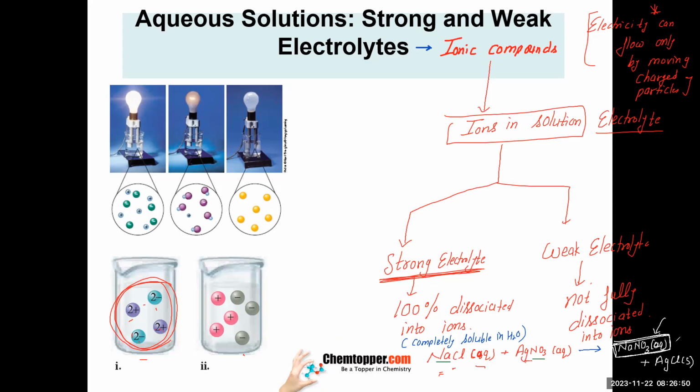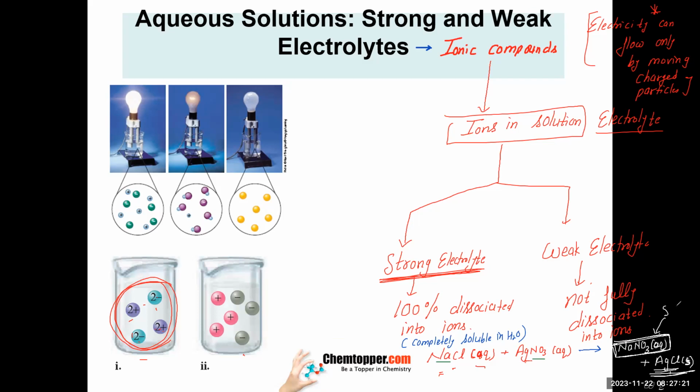What about AgCl? This is not soluble, see? But it's an ionic solid. Ionic solid insoluble, but it doesn't mean that it's not going to dissociate. Some amount of AgCl will dissociate to give you Ag+ and Cl-. So it's a weak electrolyte.